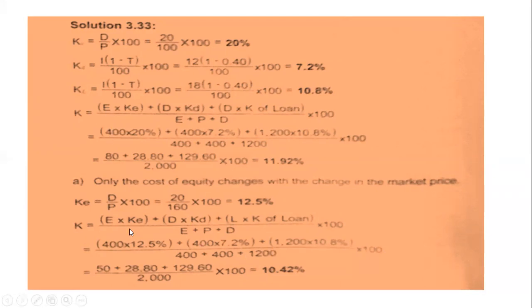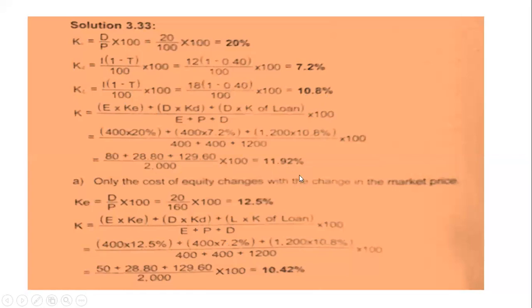In the case of both A and B, we have considered the effect of income tax, and you see here 7.2% and 10.8%, that is considering the effect of income tax. Under both solutions we have incorporated that 7.2% after considering the effect of tax, and here also the 10.8% after considering the effect of tax.